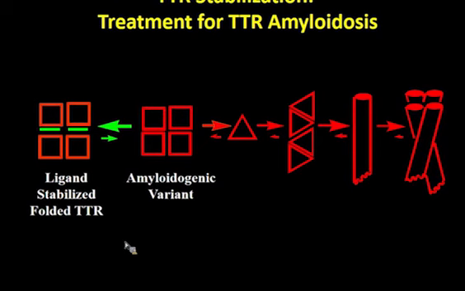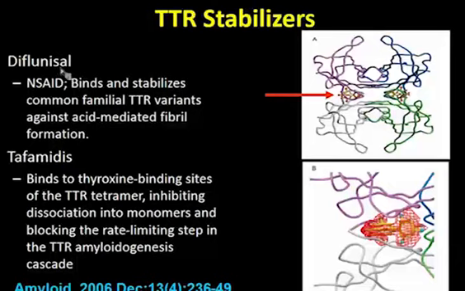So again, TTR stabilization is this idea in which you put a small molecule in between the leaves and you favor the protein staying together as opposed to the protein falling apart. The stabilizers I mentioned, diflunisal, which is a non-steroidal, and tafamidis, a drug analogous to diflunisal that binds in this interface. You can see the drug right in here. Here's the transthyretin protein.